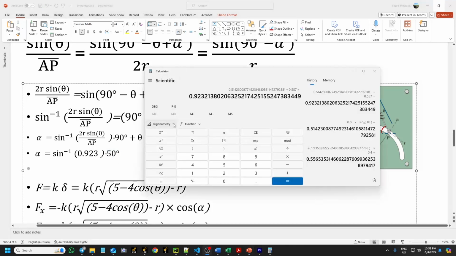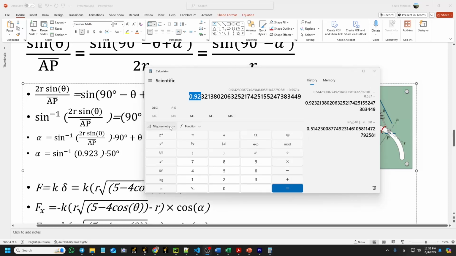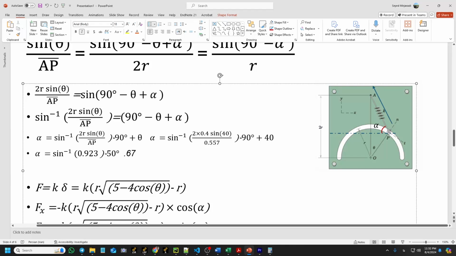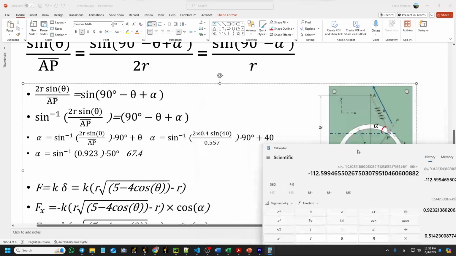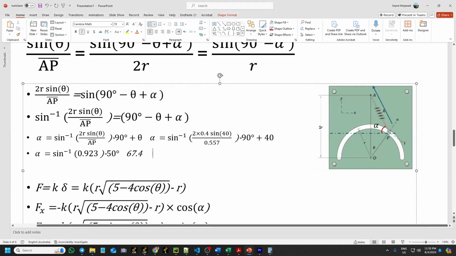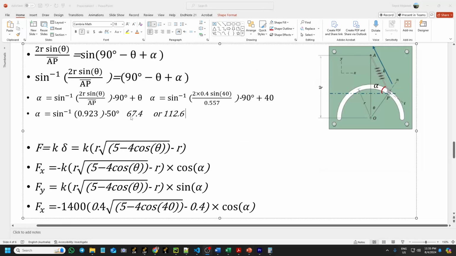Okay, for inverse sine, we need to click on second here, and now we will obtain the sine inverse, which is 67.4 degrees, or pi minus this, which will be 112.6, and also we have minus 50.